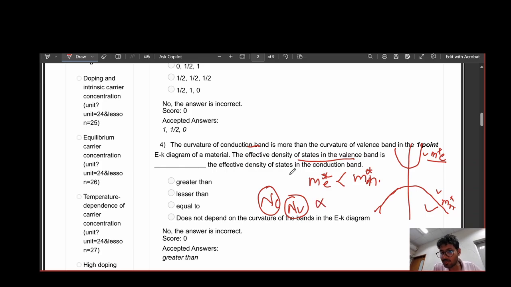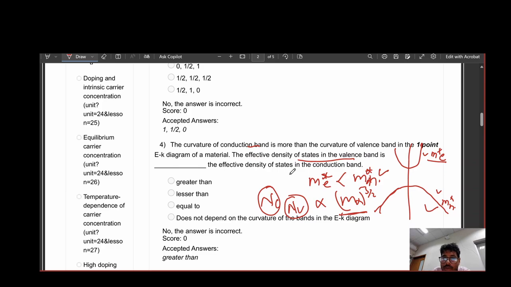This is directly proportional to M star raised to the power 3 by 2, if I am not wrong. You can also go through the book and you will find this relation. The more the effective mass, the more the density of states.